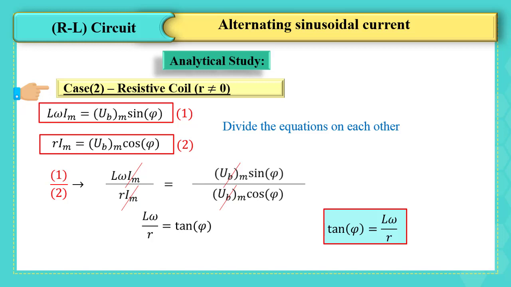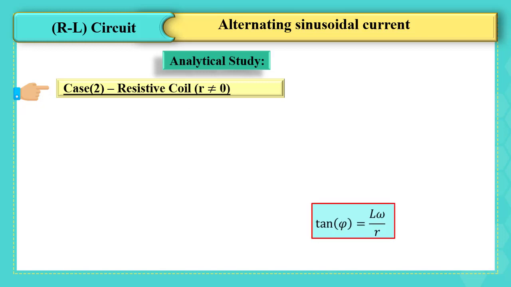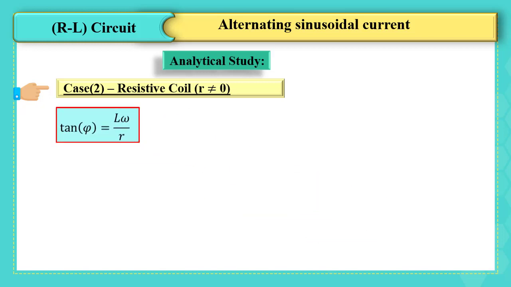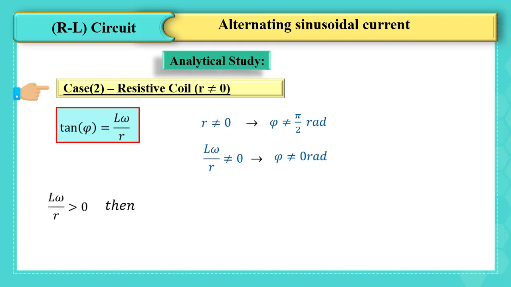Using the equation tangent phi equal L omega over r, and for r different than 0, we can conclude that phi is different than pi over 2, and for L omega over r different than 0, phi is different than 0 radian. So for L omega over r greater than 0, phi is between 0 and pi over 2.